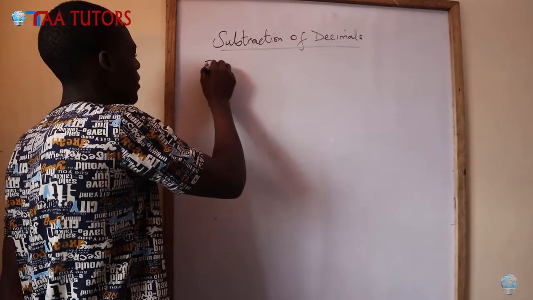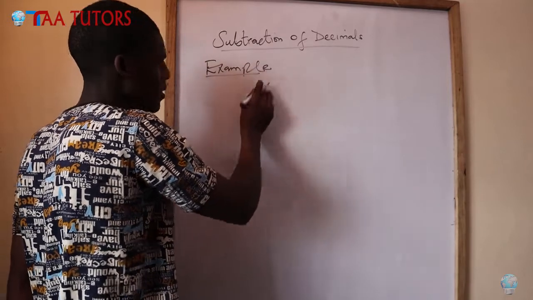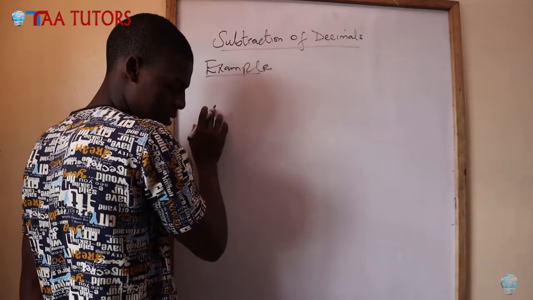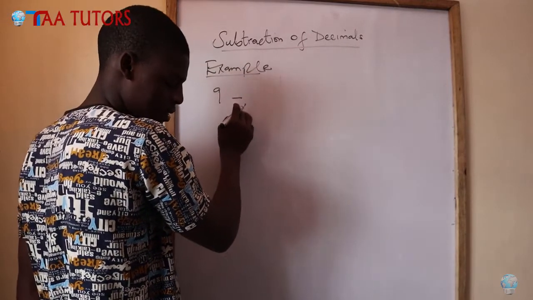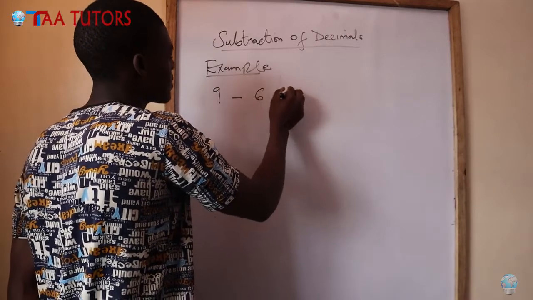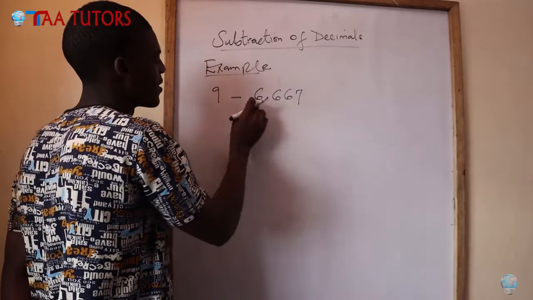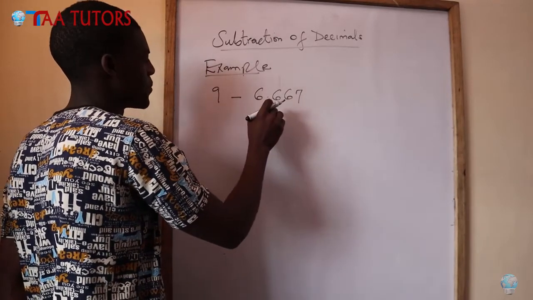When I do an example here, we have 9 minus 6.667. 9 is our whole number, but this one is now a decimal. We have 9 minus 6.667.